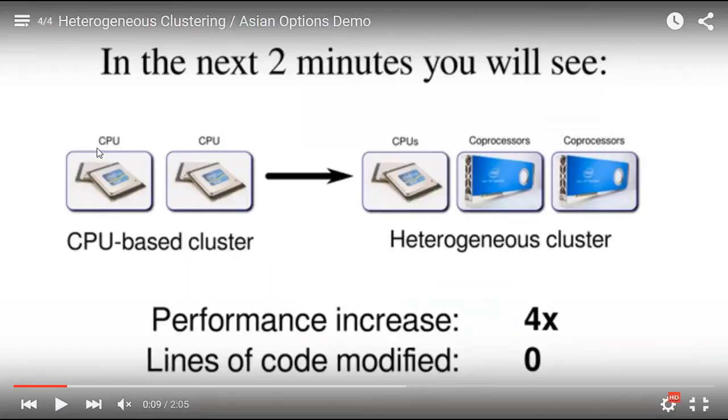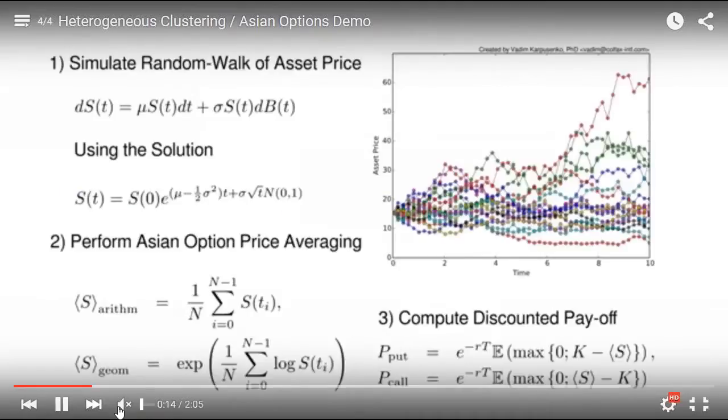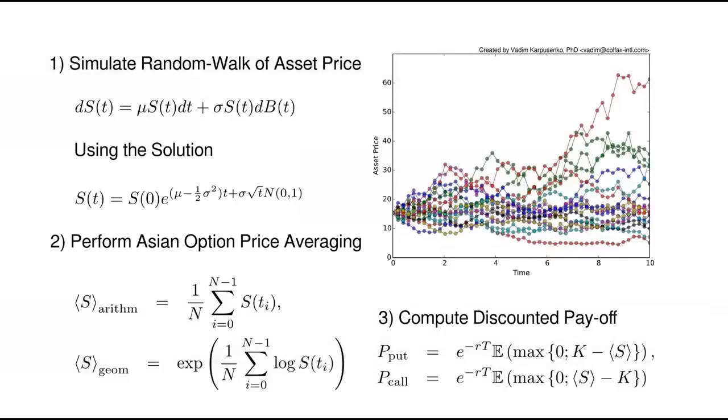So we had a code that was capable of running on a cluster of CPUs, and we were able to run it on CPUs and coprocessors for a total performance increase of 4x. And the number of lines of code that we had to modify is 0. Well, this is a synthetic application written in such a way, but we saw in the previous case study that real applications can actually also have this behavior.